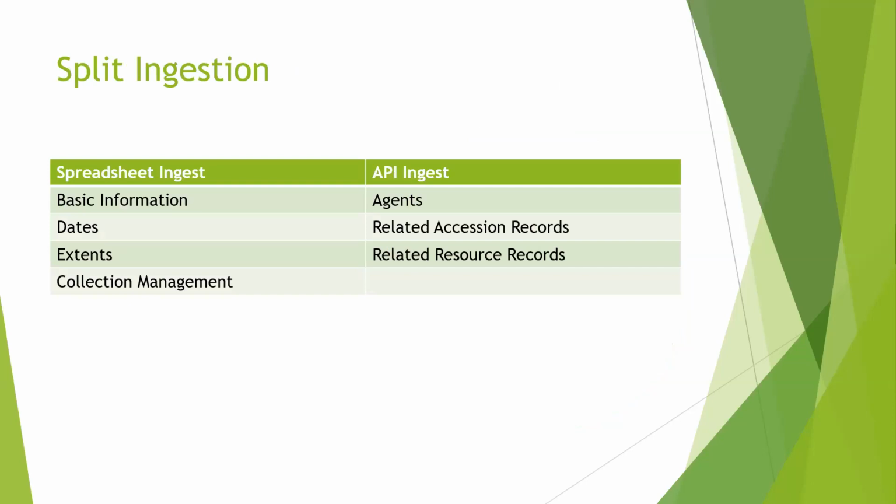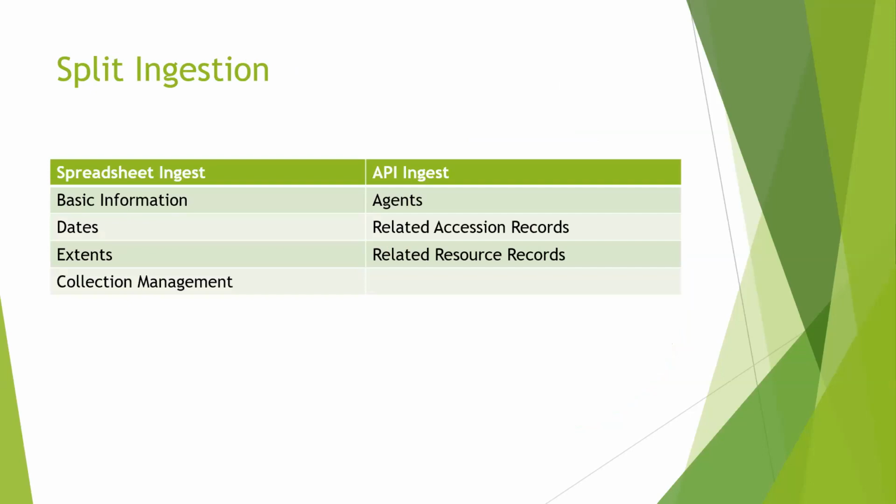Which leads me to our next step. We knew that the accession information could be brought in a couple of different ways. The easiest was to do a spreadsheet ingest, and that nicely accommodated most of the accession information.